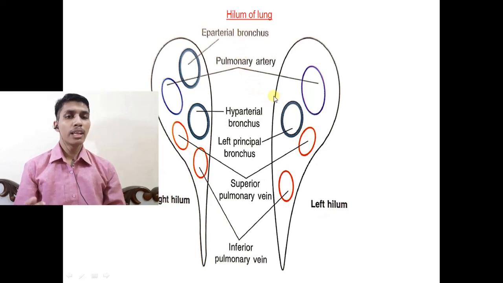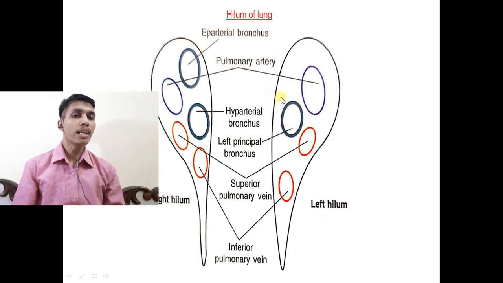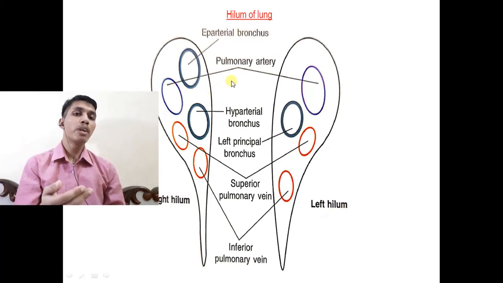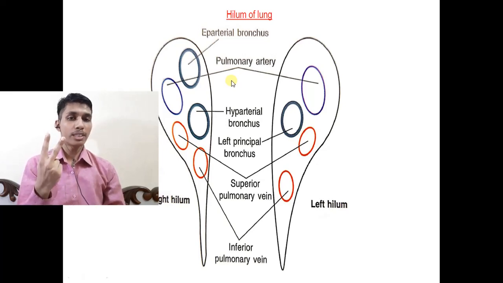The left principal bronchus enters directly into the left hilum, to the root of the left lung, but the right principal bronchus, before entering into the hilum of the right lung, subdivides into two lobar bronchi.